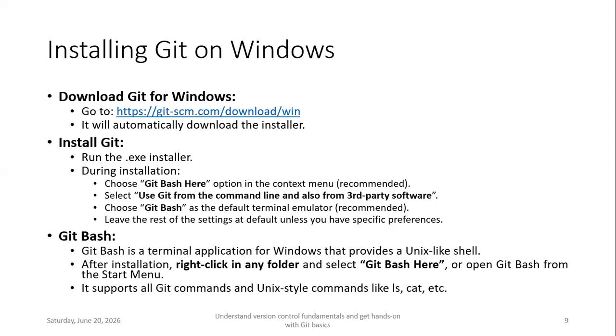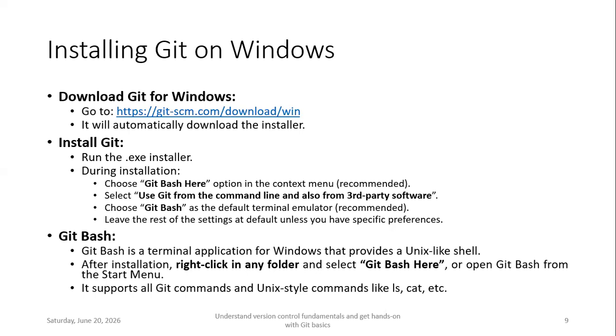It's not something fancy or strange. Make sure that you check Git Bash Here, and I will tell you why. Then you choose Git Bash as the default terminal emulator. Now, why do we choose Git Bash?